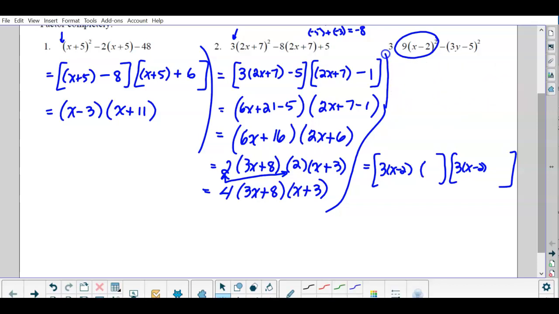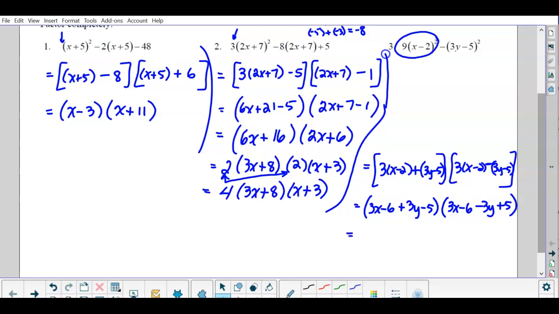So this bracket would be 3y minus 5. One has a plus, one has a minus. Okay. Then there's brackets within the big brackets, so you've got to expand out. So that's going to be 3x minus 6 plus 3y minus 5, and 3x minus 6 minus 3y plus 5.